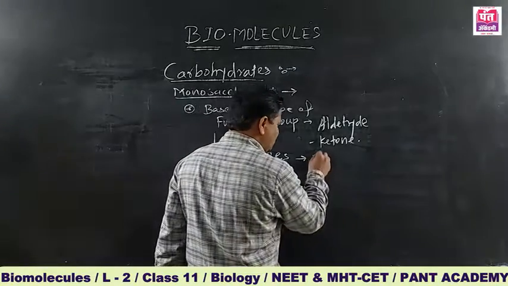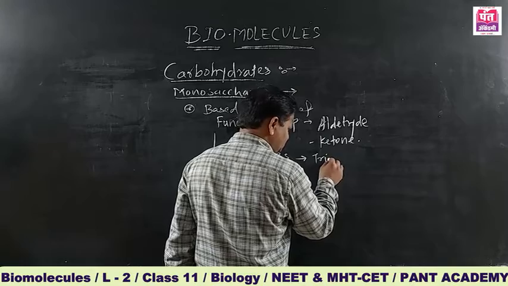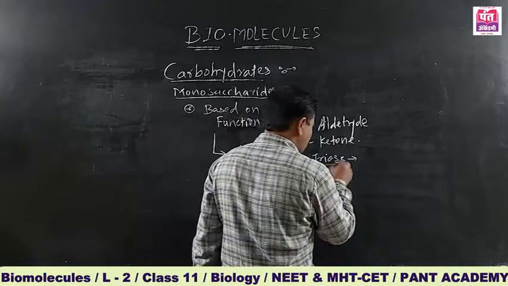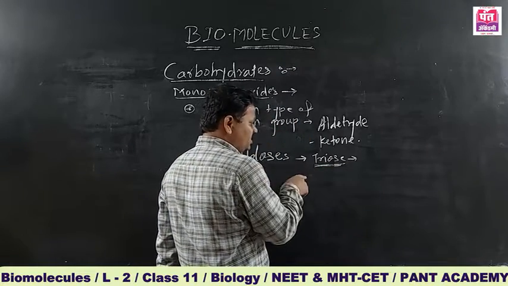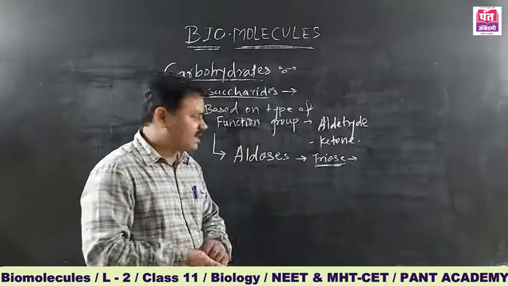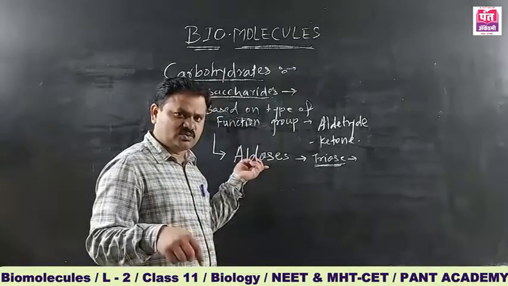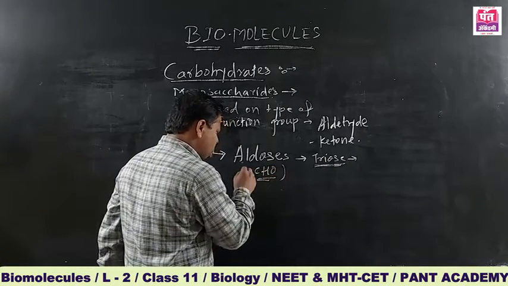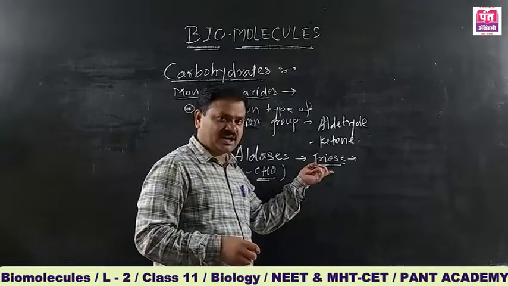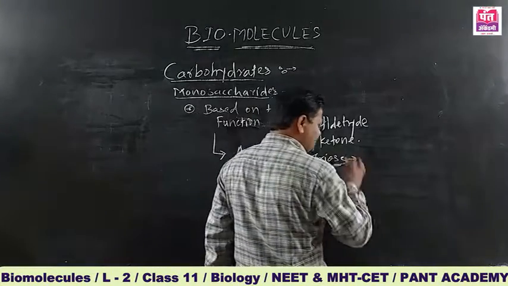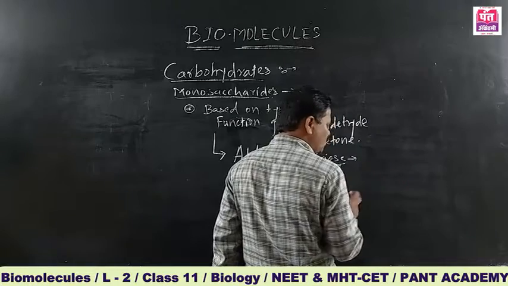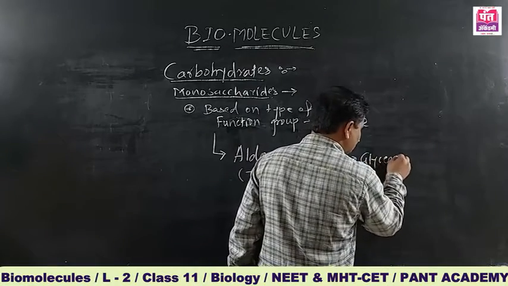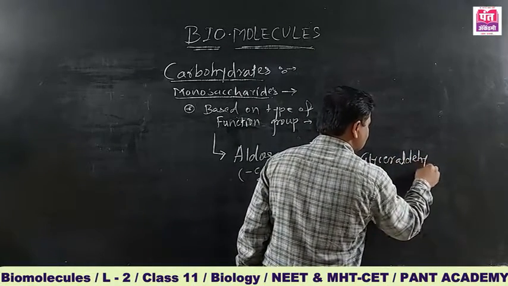For example, in a triose sugar, if the aldehyde, the CHO group, is the functional group, a very simple triose, as yesterday's example, is glyceraldehyde.